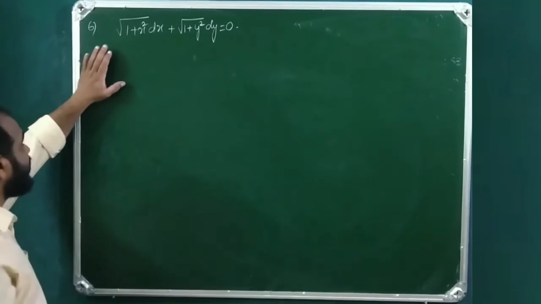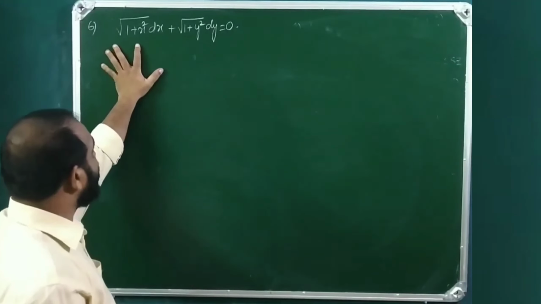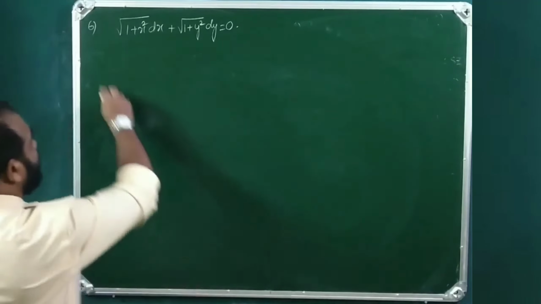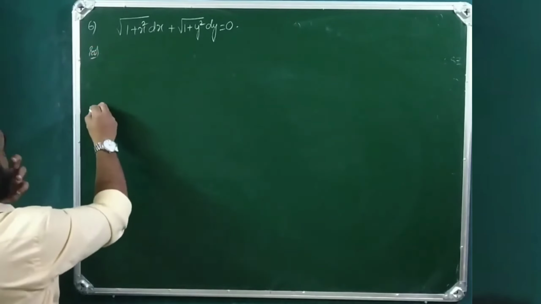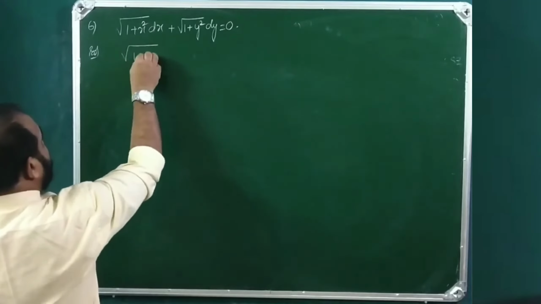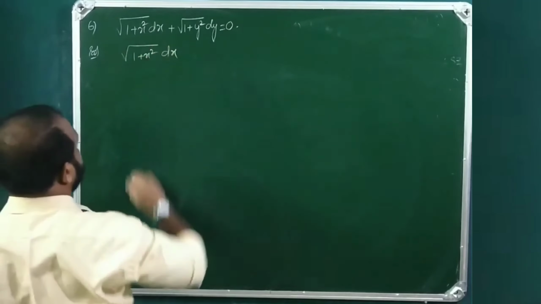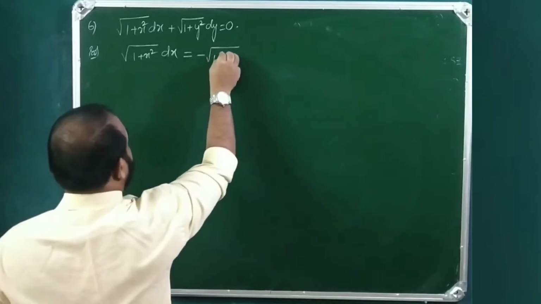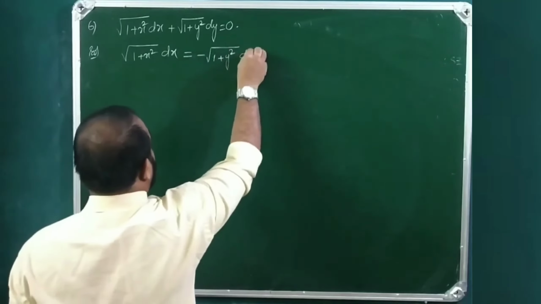The next question is root of 1 plus x square dx plus root of 1 plus y square dy equals to 0. So this can be written as root 1 plus x square dx is equal to minus root of 1 plus y square dy.